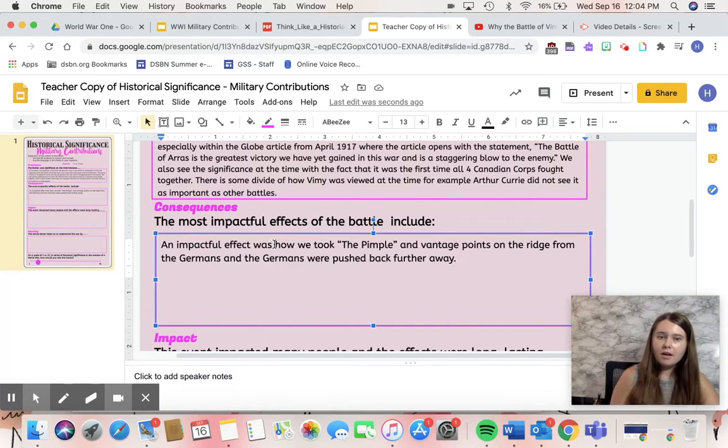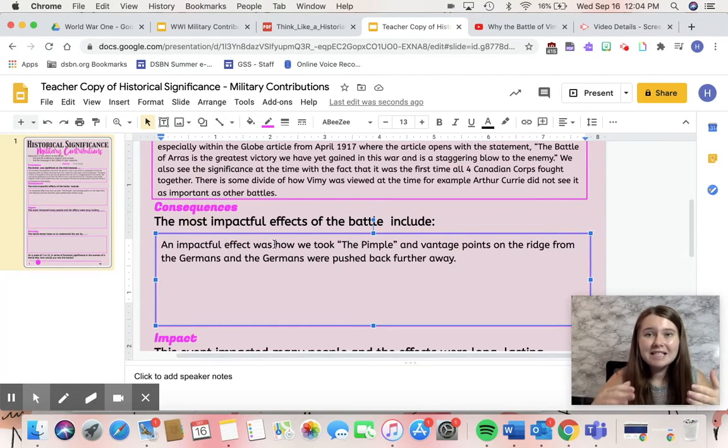We can also talk about how Canada as a whole was really impacted at this point in time because the view of the Canadian military was seen as very different. So for months leading up to this point, the British and the French, they had all been trying to attack Vimy Ridge. No one had been able to take the ridge at this point, no matter how long or how hard they tried.